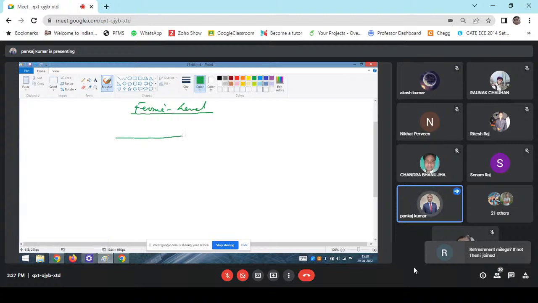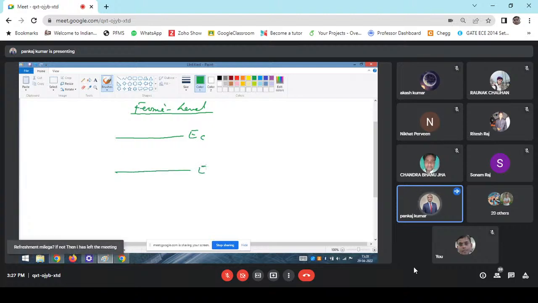So let's suppose this is the conduction band EC and this is the valence band EV.